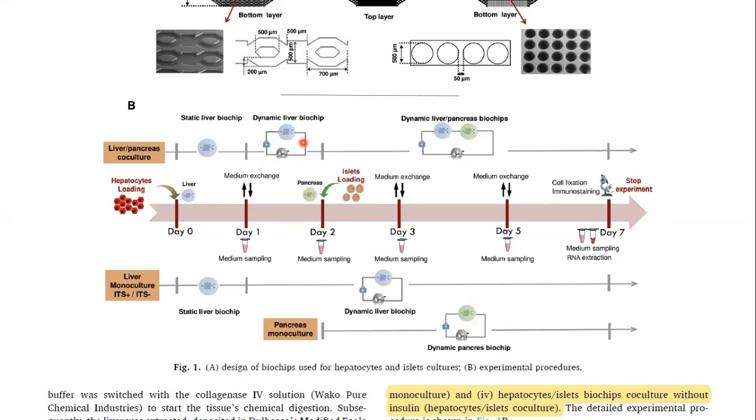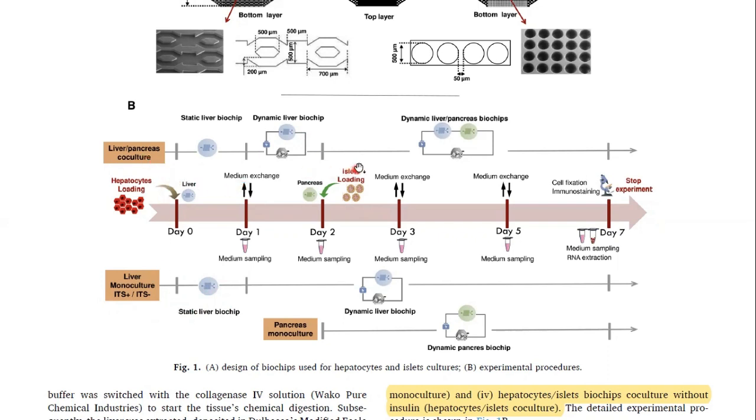For this study, 4 groups of biochips were investigated and compared. 1, the hepatocytes biochip monoculture with insulin, called liver monoculture ITS plus. The hepatocytes biochip monoculture without insulin, known as liver monoculture ITS minus.